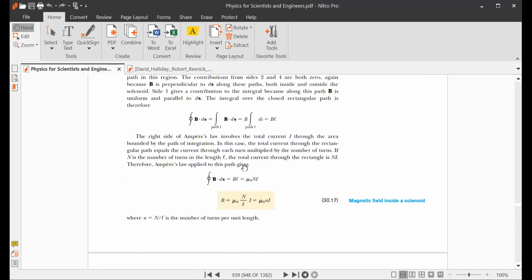This one, N over L. It's the density of the number of wires per length. Capital N is the number of wires that wrap, and this little n is the density of the number of wires per length.